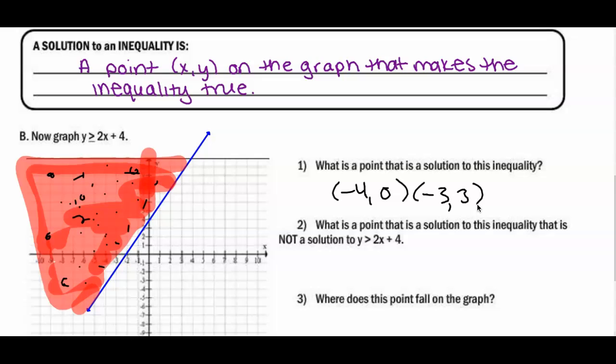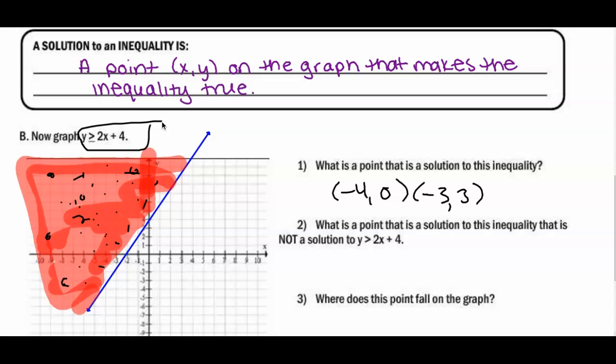What is a point that is a solution to the inequality given currently, but not a solution to y greater than 2x plus 4? So what would be the difference from what we currently have, which is greater than or equal to, versus greater than?